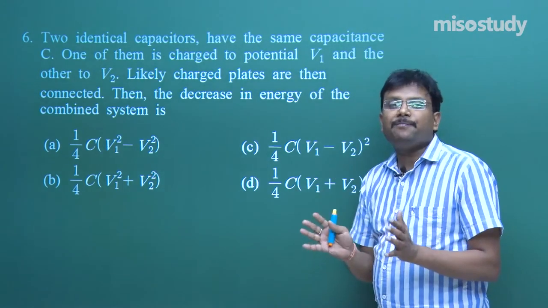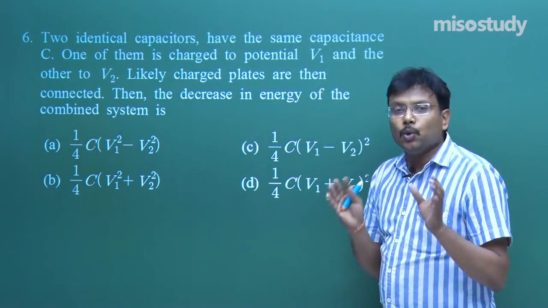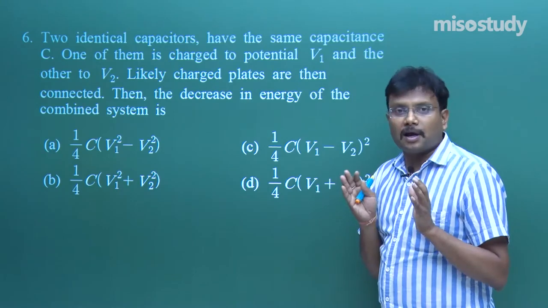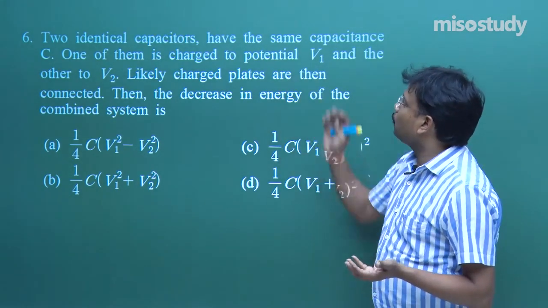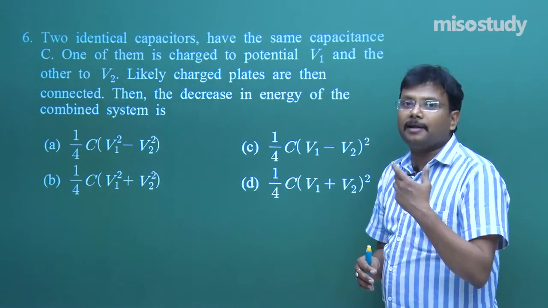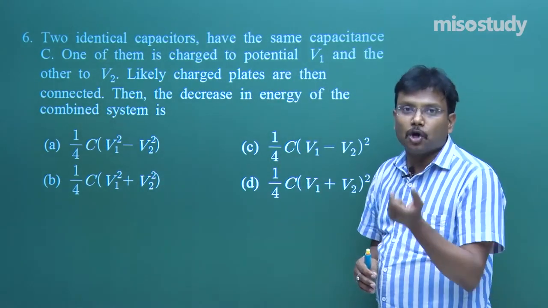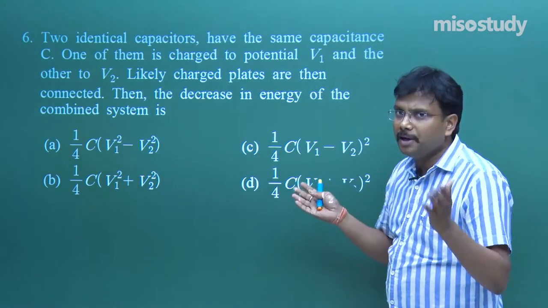Initially the charge on the capacitors was 0. They are connected to potential sources, one with V1 and the other with V2. Accordingly, both develop some charge, and obviously it is going to be different.